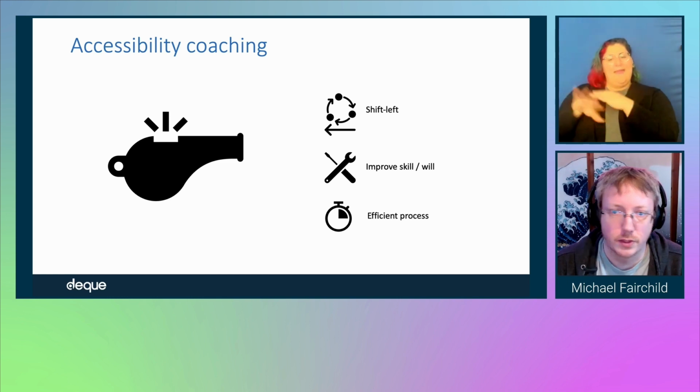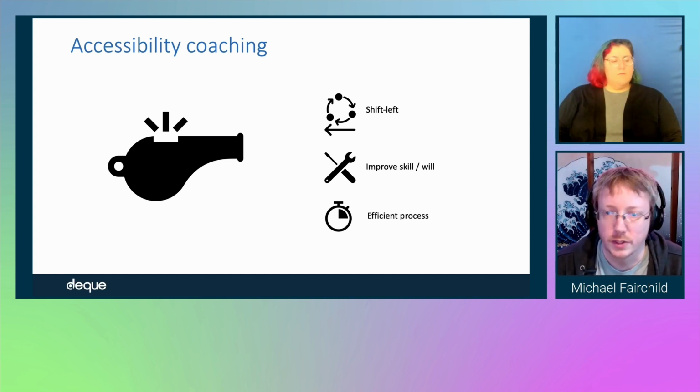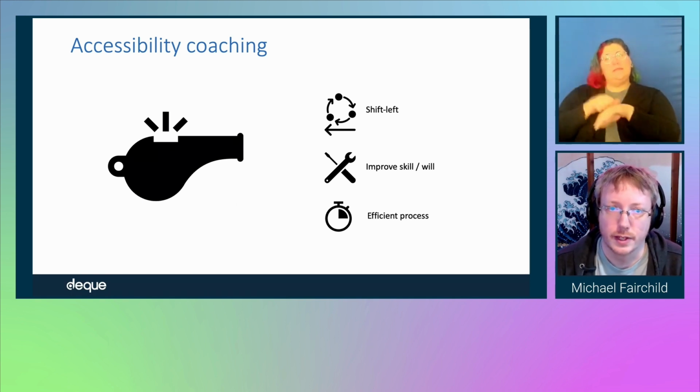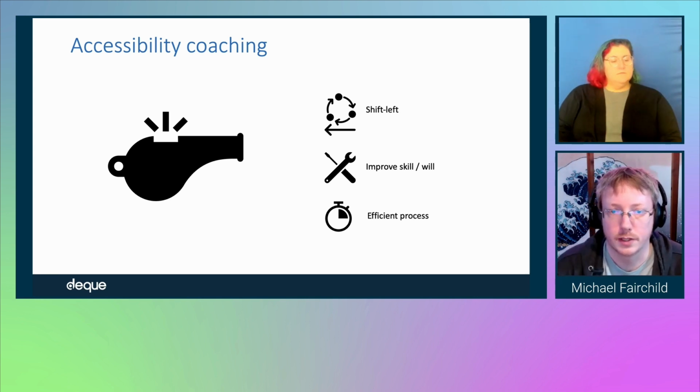So shift accessibility as far left in the development process as possible, help them develop their skills in order to deliver accessible products in a technical way, and also integrate accessibility into their development process. So it's thought about at every step along the way, and it becomes a very intentional part of the process.